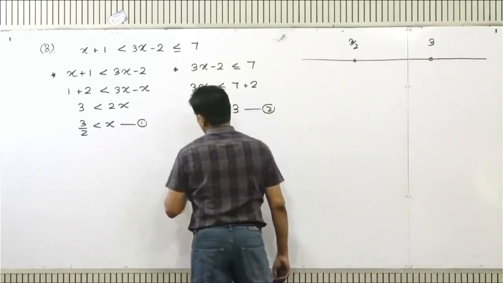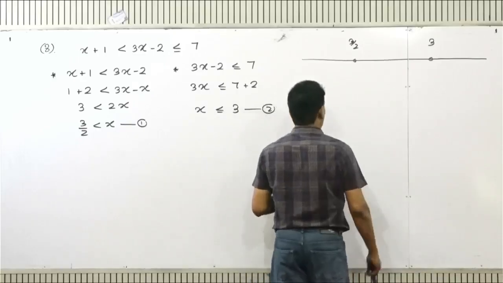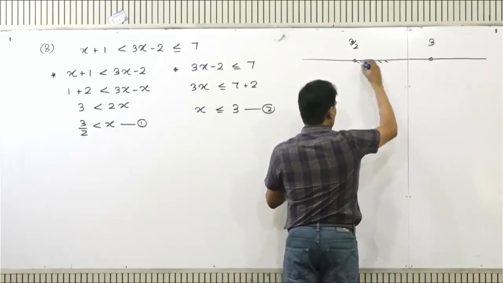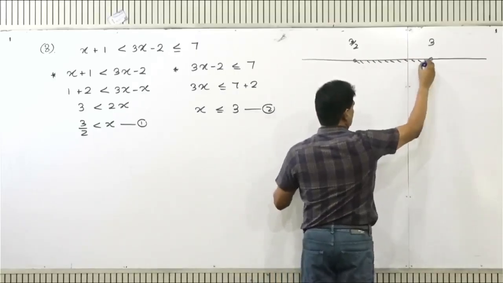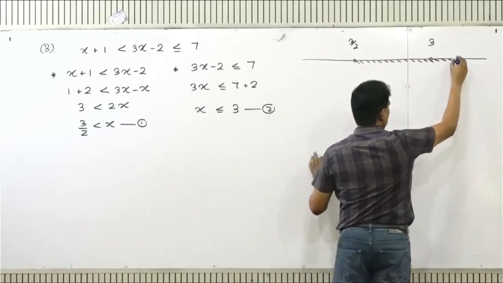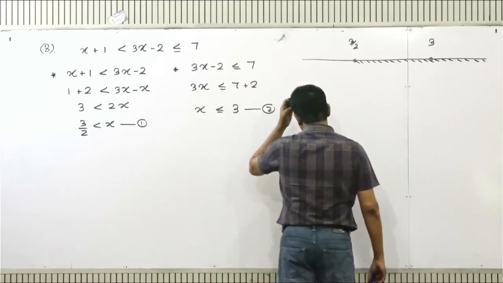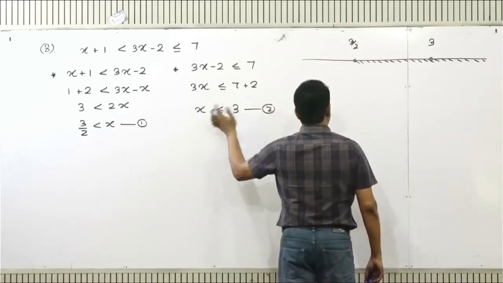In this one, x is greater than 3/2. That means the right hand side of this circle. Here, x is equal to or less than 3.